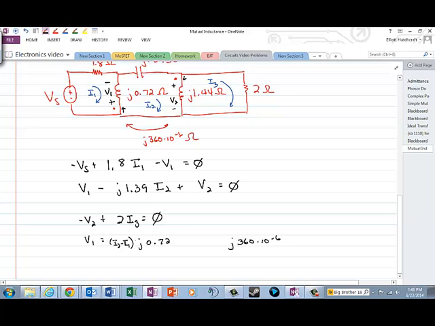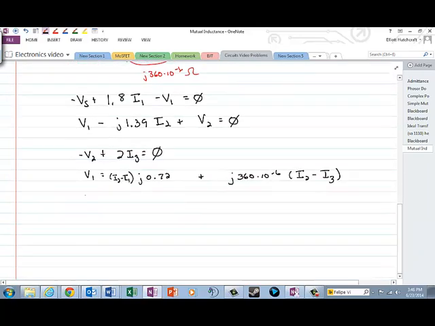The mutual term should be the current going into the dot of the other inductor. Going into that dot will be I2, going against the dot will be I3, so this is I2 minus I3. Now that we've referenced everything, we can have the net positive out front of all of those.